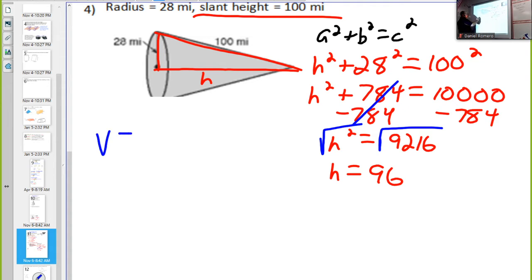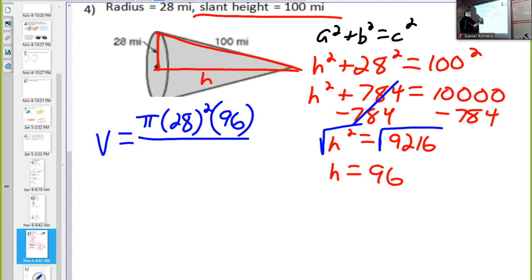So now the volume is equal to pi times the radius, which is 28 squared, times the height, which is 96, and then divided by 3. I do get lucky here. 96 can be divided by 3. That's 32. And I already know that 28 squared is 784.